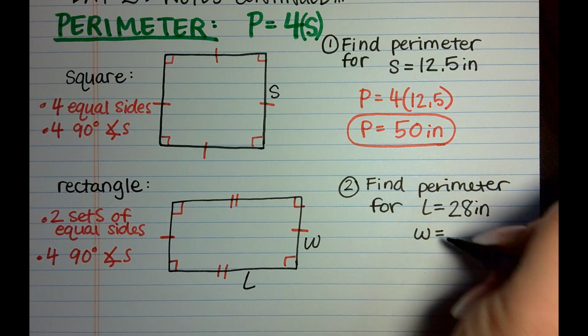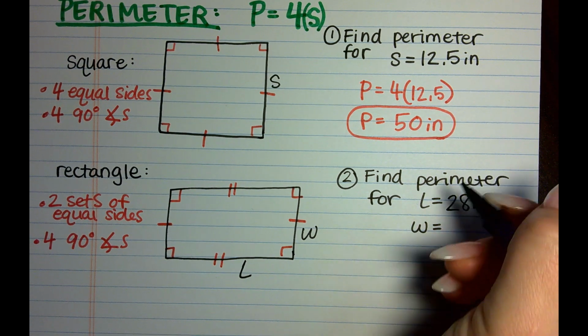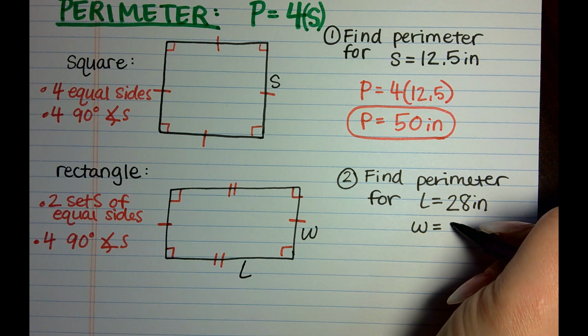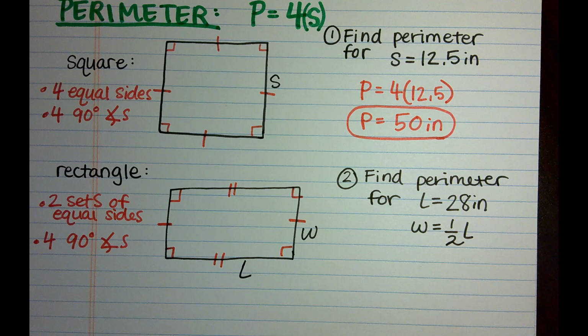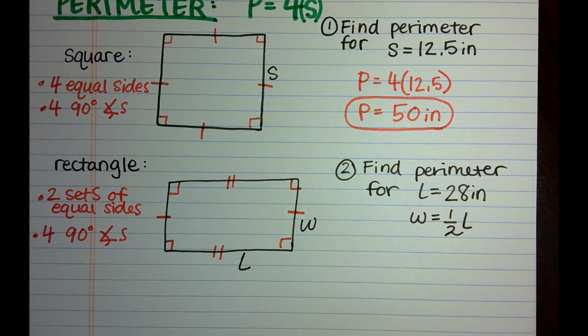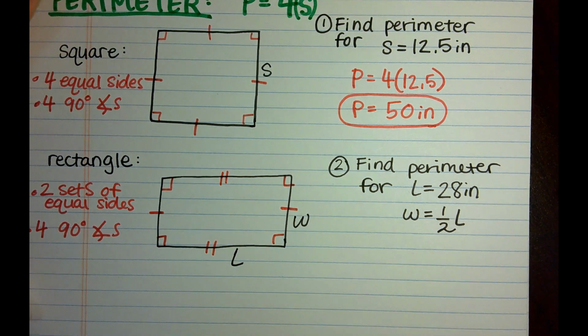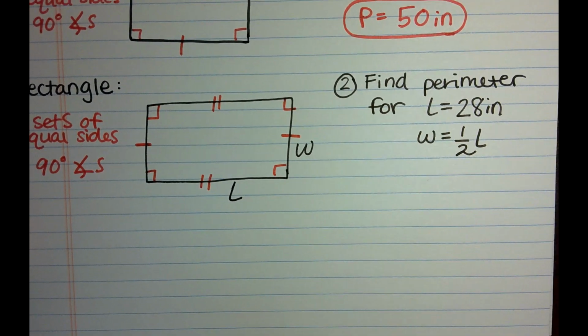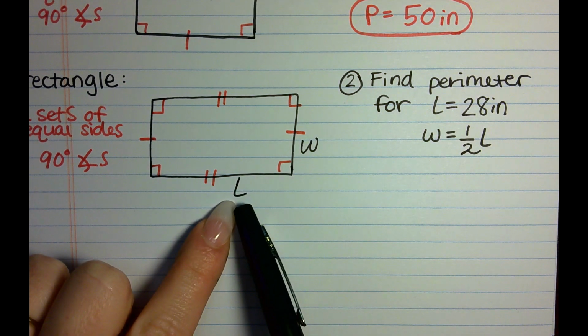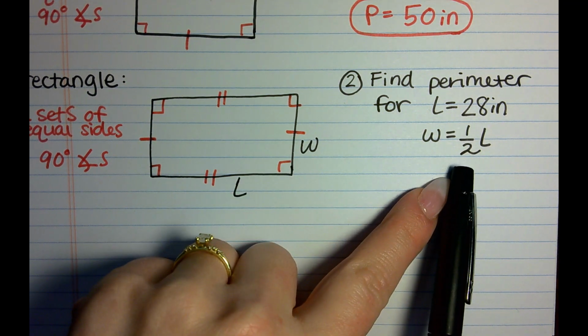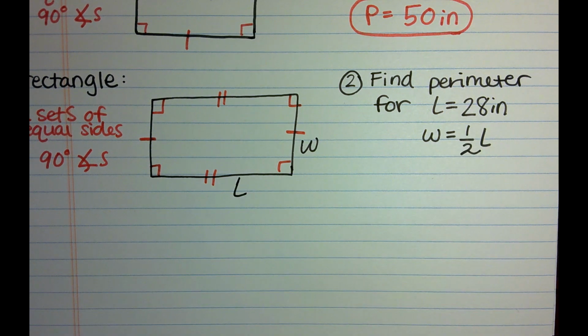What if the width is 1/2 of the length? So I'm giving you something tricky here. I want you to find the perimeter. My length is 28 inches. My width is half of the length. So, what's the first step we should take?